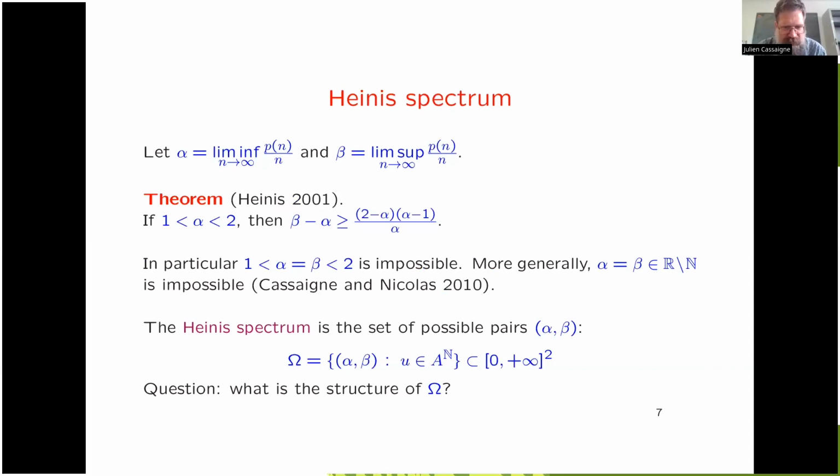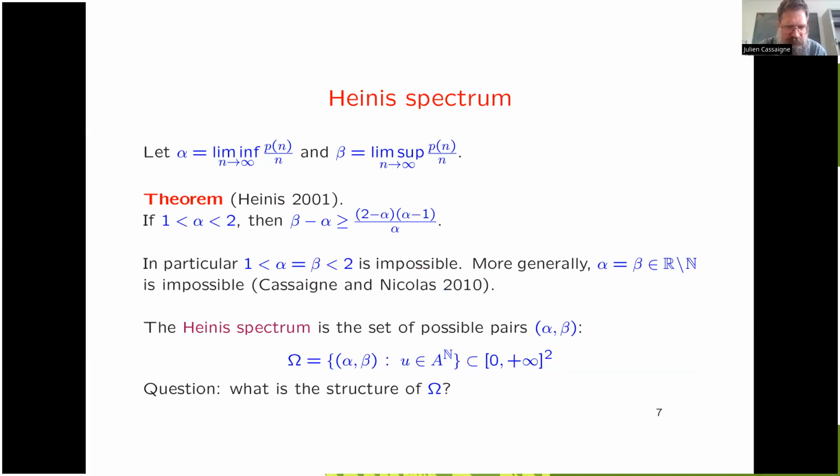And in his PhD thesis, Alex Heinis, who was in Leiden for his PhD, proved that beta minus alpha cannot be 0 when alpha is between 1 and 2. And it's more precise than this. There is an explicit lower bound on beta minus alpha that depends on alpha, and that is 0 only for 1 and 2.